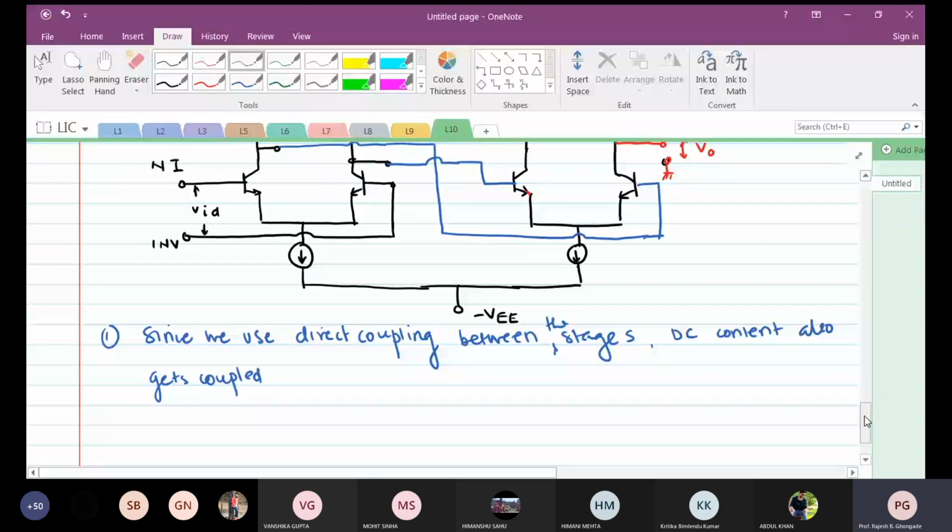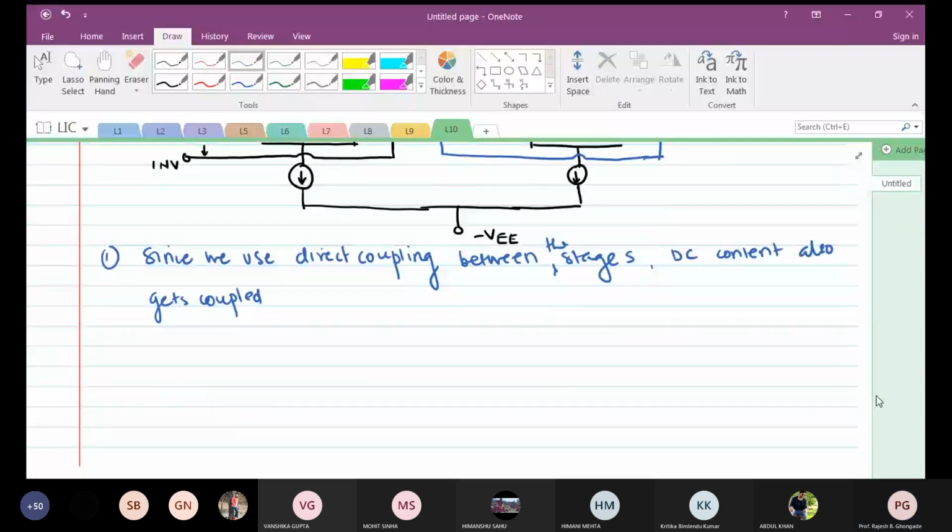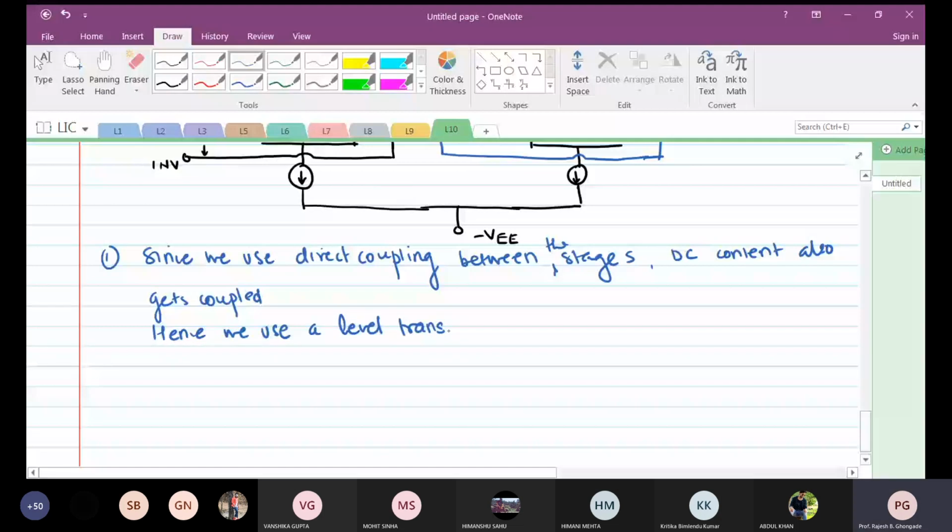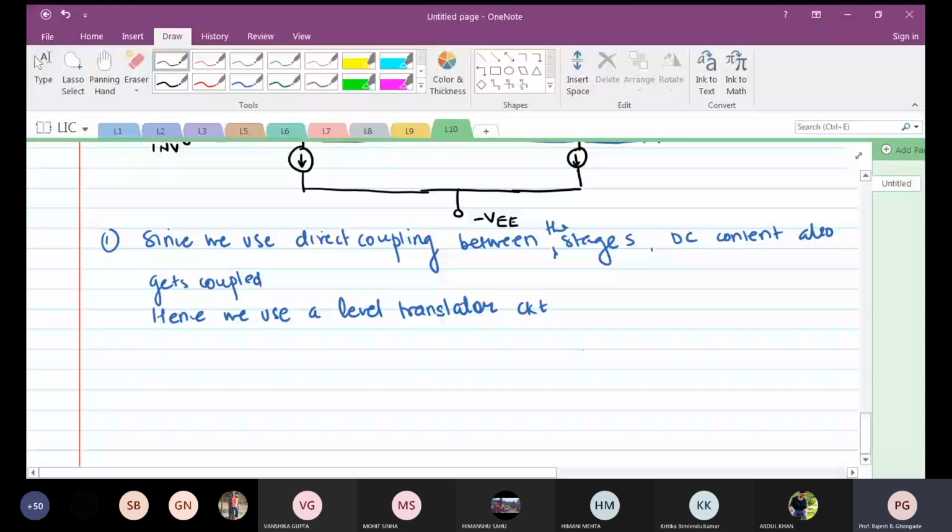We don't want that to happen. So what do we do? Hence, we use a level translator circuit, which is a level shifting circuit. Such a circuit is a very simple thing.